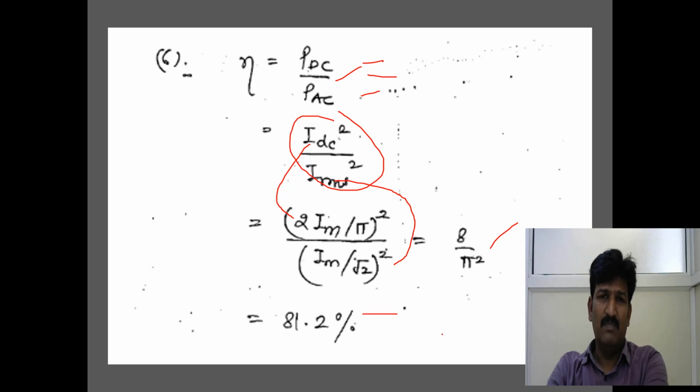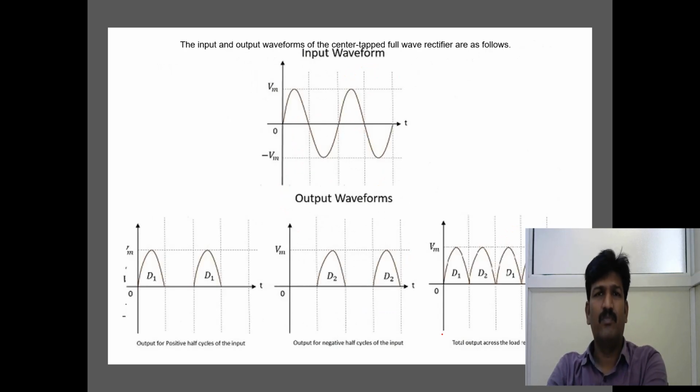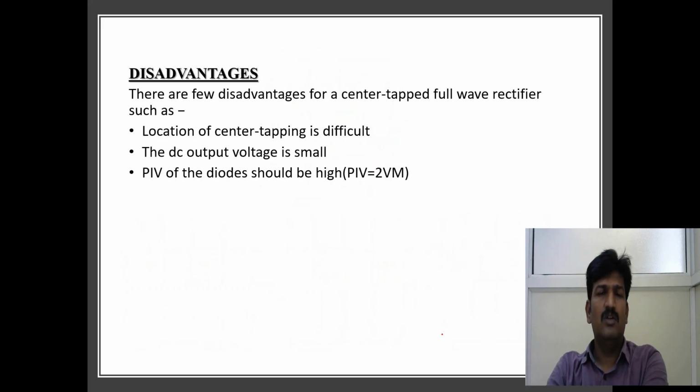When you go through the comparison between this half wave and full wave, then you can understand what the disadvantages are. The location of the center tapping is difficult. It means that the center tapping has to be kept in the secondary. You have to ensure that the upper windings and lower windings are equal, and that the same amount of voltage is induced in them.